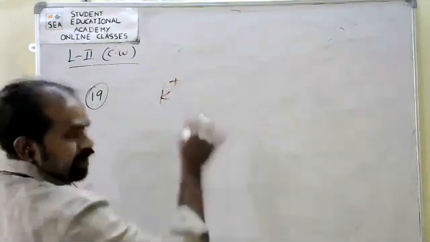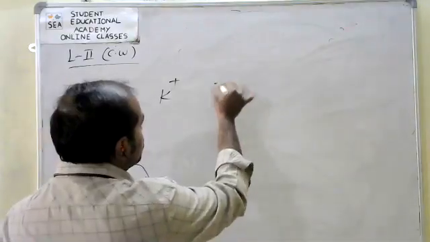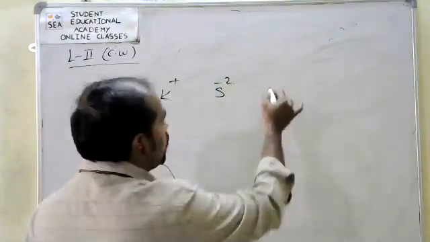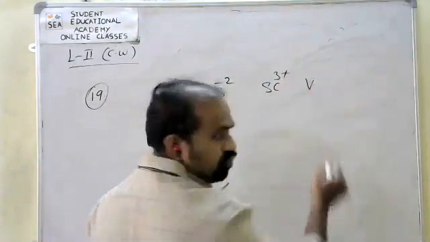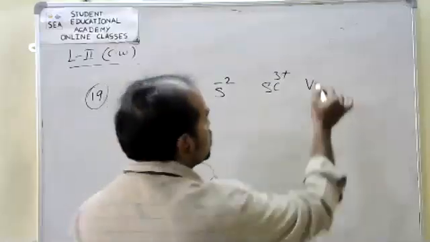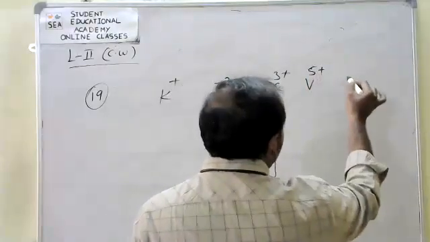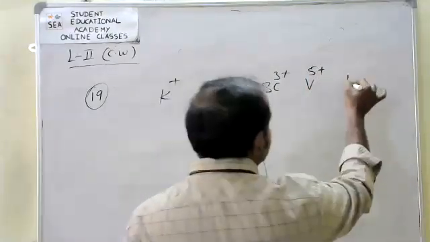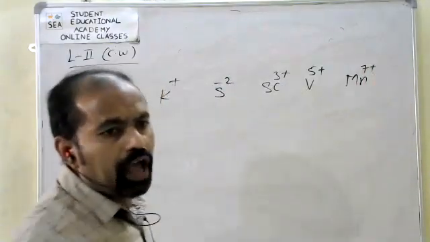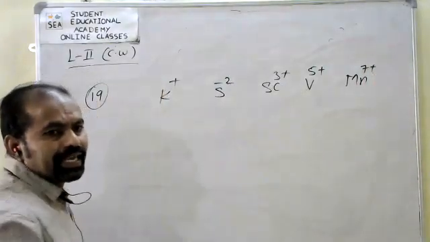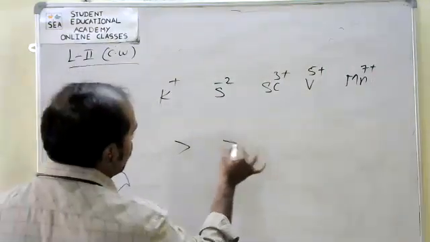K plus is given. S minus 2 is given. Sc 3 plus, scandium 3 plus given. Vanadium 5 plus. Okay, next manganese 7 plus given. They are asking the ionic size decreasing order. Okay, this order is required.